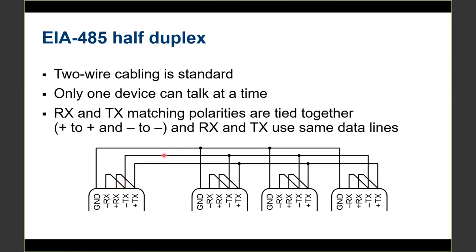Then after it's done, it's going to turn off its transmitter and turn on its receiver. And when it's receiving the response back, it's going to receive it on the RX plus and RX minus and take the difference of those two voltages.